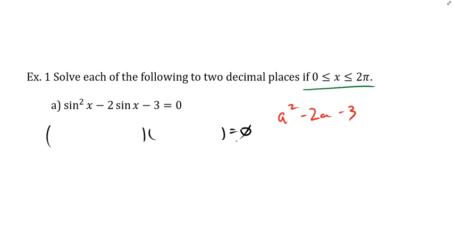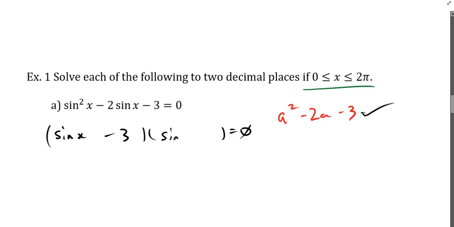Go ahead and try. You could even get some scrap paper and replace all the sine squared x's or sine x's or cos x's or whatever it is, replace them all, and do it that way. So this is going to be sine x minus 3 and sine x plus 1.